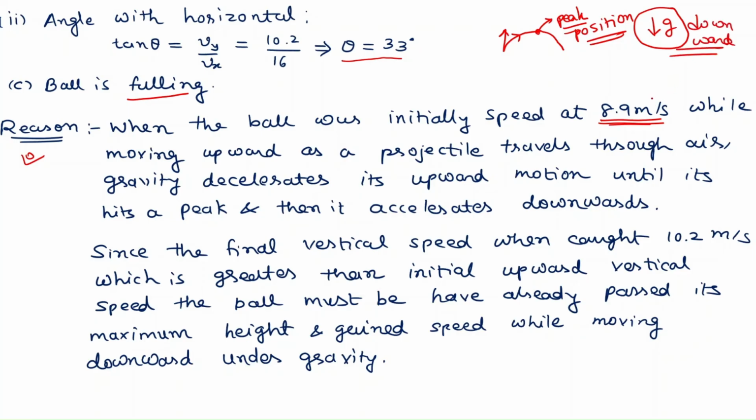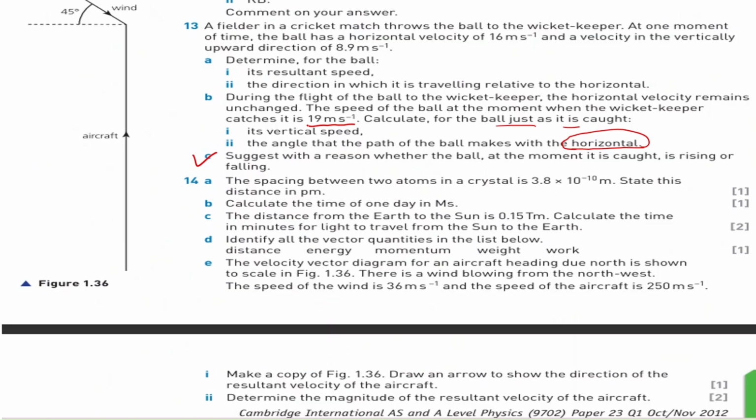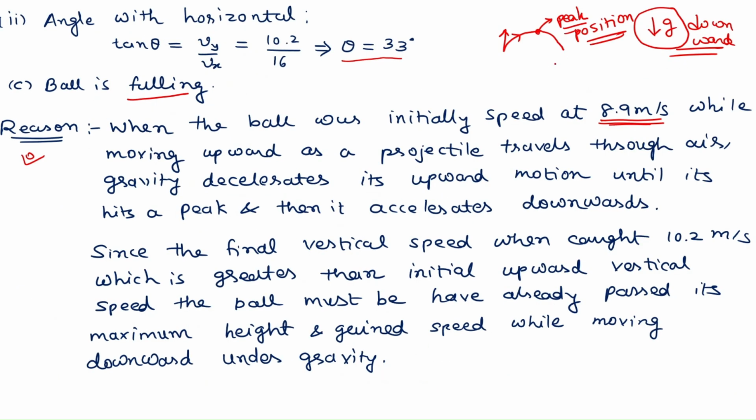That means, as given in B, the horizontal velocity remains unchanged because there is no horizontal force. Force is only in the downward direction, on the vertical, which means the effect of g is only on vertical speed, not horizontal speed.